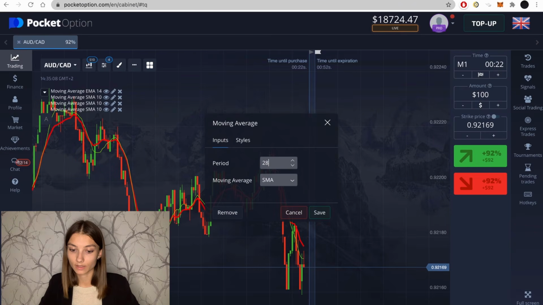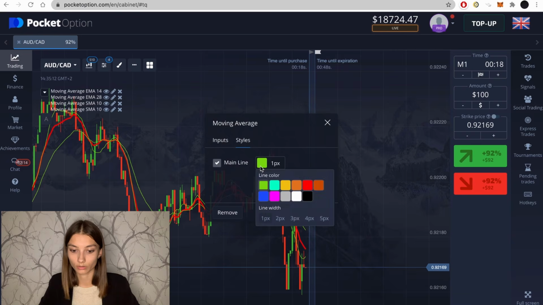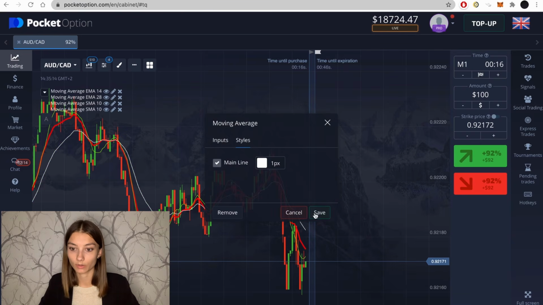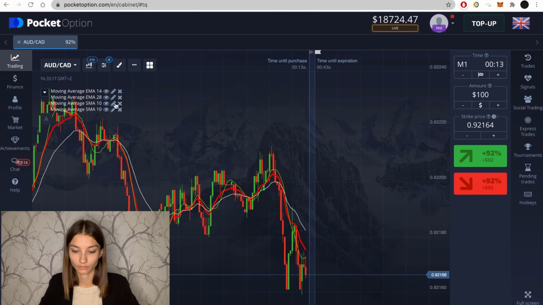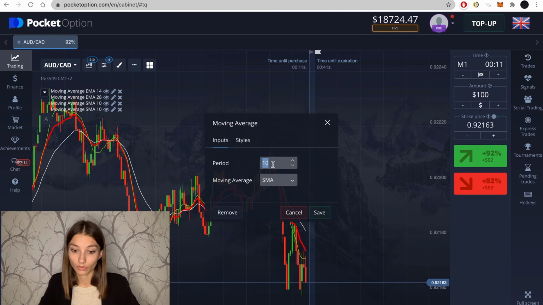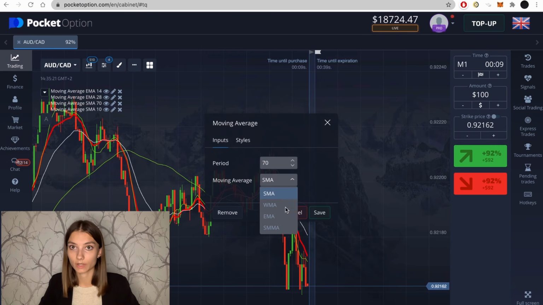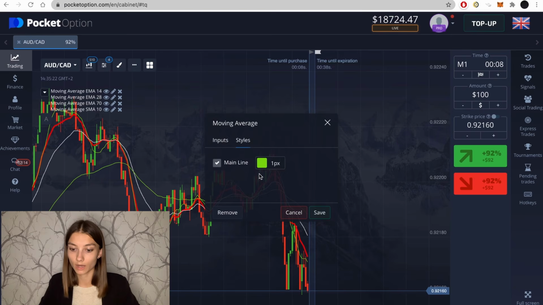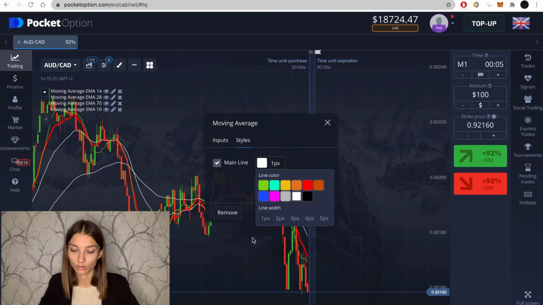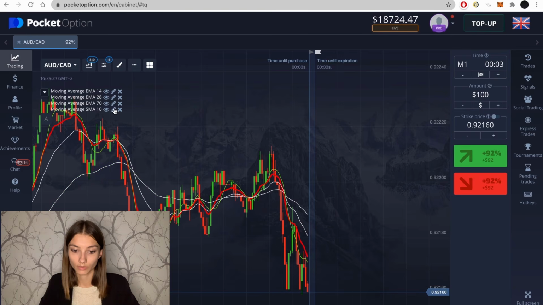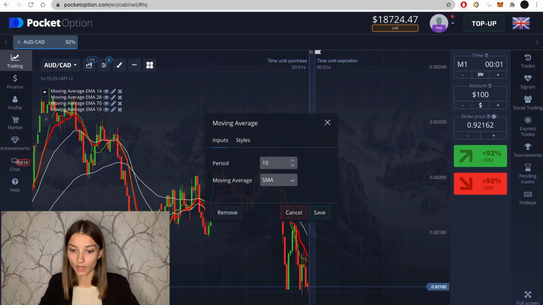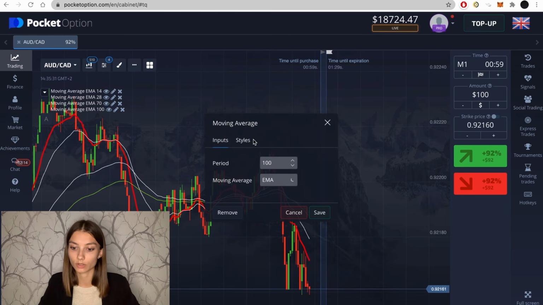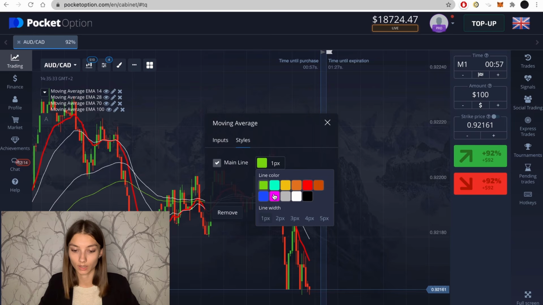The next sliding has the parameters 28, also EMA and highlighting in white, and then save. Note the period 70 and choose EMA, and also choose white color. In the last period I set 100, then choose EMA and also choose white color.